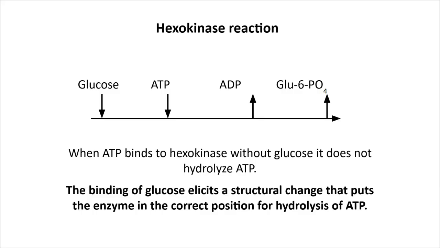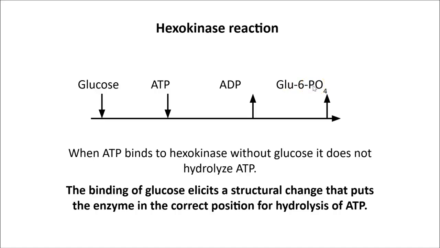So within this reaction, you have glucose going in and you have ATP going in. And then from there, with magnesium ion, you have a generation of your product, which is just ADP, and glucose with the 6th position having that phosphate group.